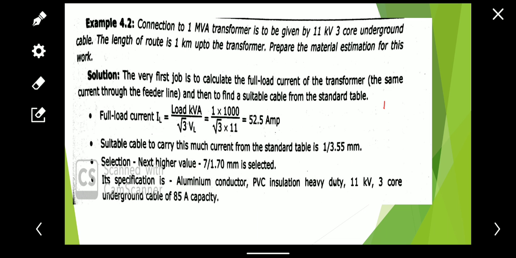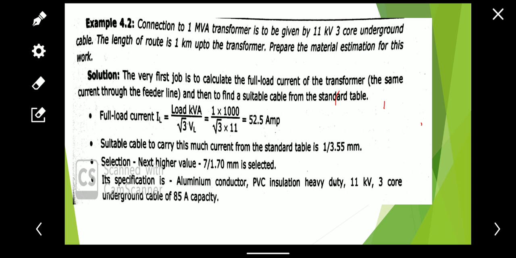So 1 into 1000 divided by root 3 into 11 kV, that means 1 MVA is already given, and 11 kV is also given. So it is 52.5 ampere. Now suitable cable which carries this much current from the stranded table is 1 by 3.55 mm.